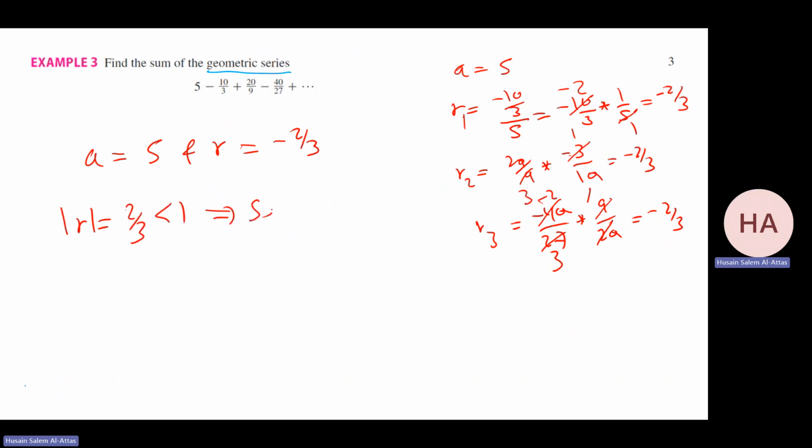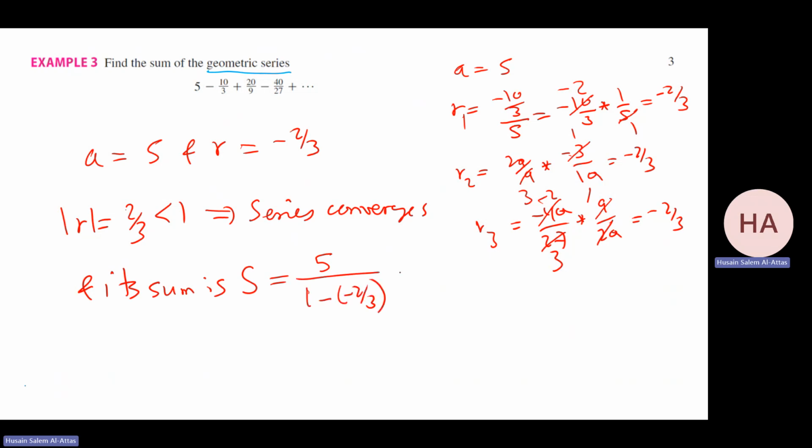So we have the series converges, and its sum is S, which is A, 5, over 1 minus R, minus 2 over 3. Be careful here. That will be 5 over what? 1 plus 2 over 3.